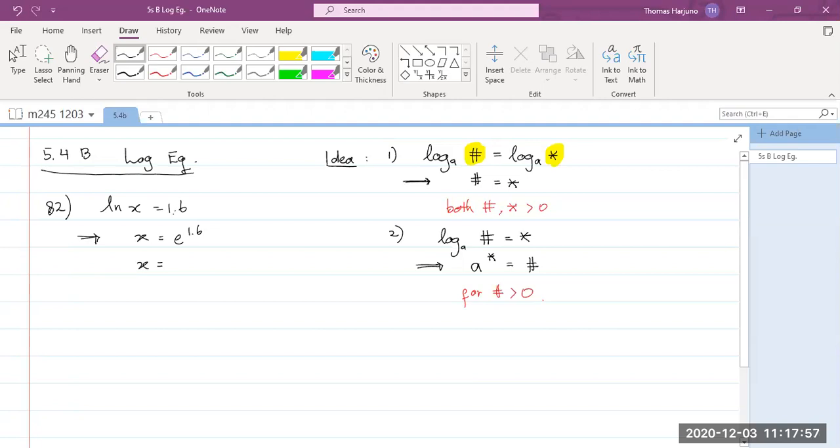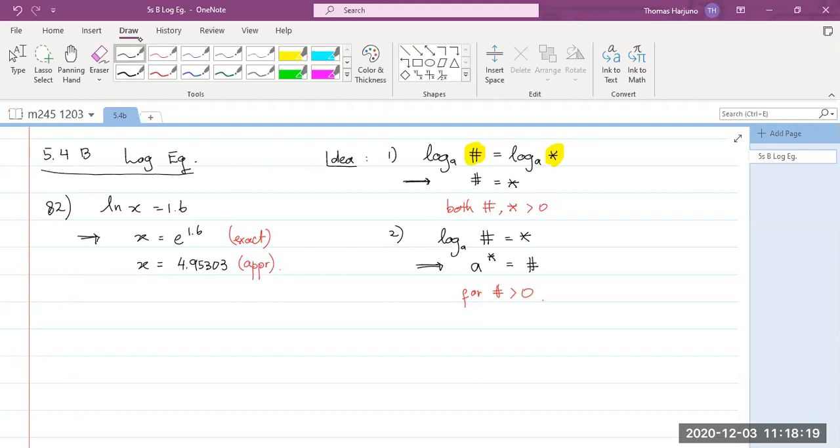Good. 4.95303, that's what I get also. Now we call this the exact form, and this is the approximate form. Now that's for 82.